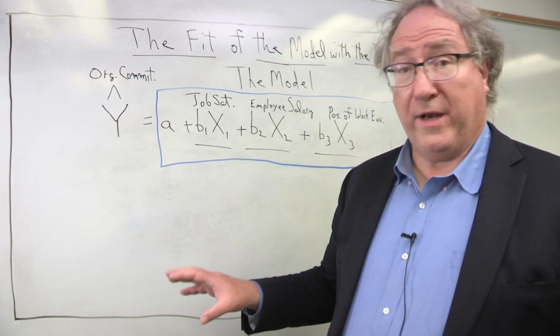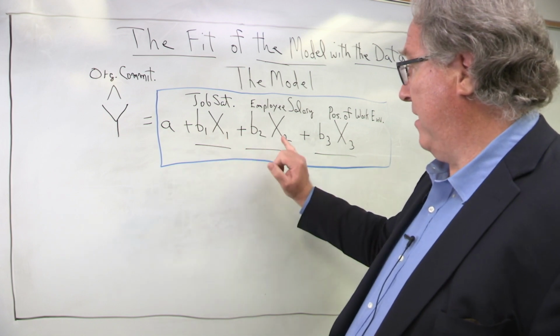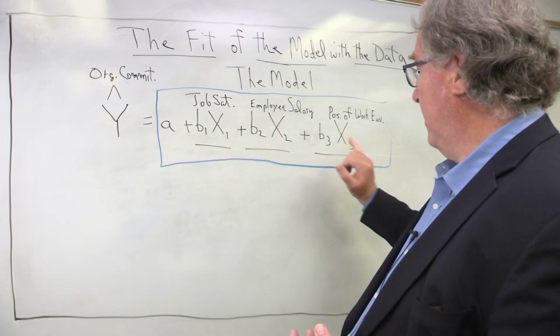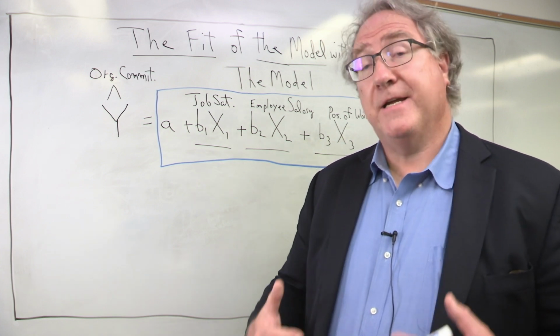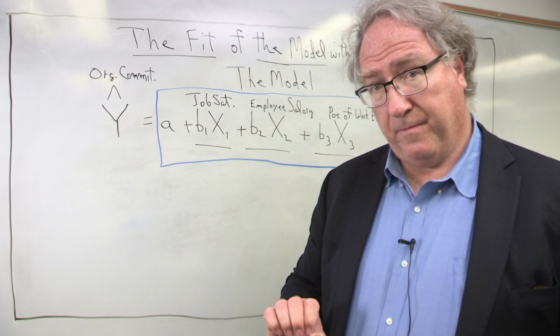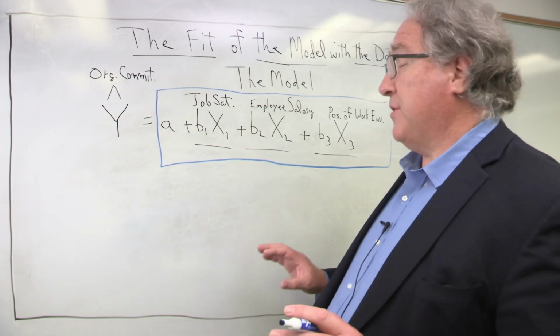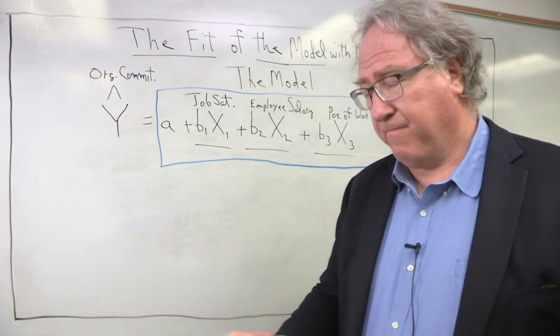Okay, so what is the model? The model is the set of predictor variables that you are testing, testing for their effects on the outcome variable. So that's the model in the most essential sense.